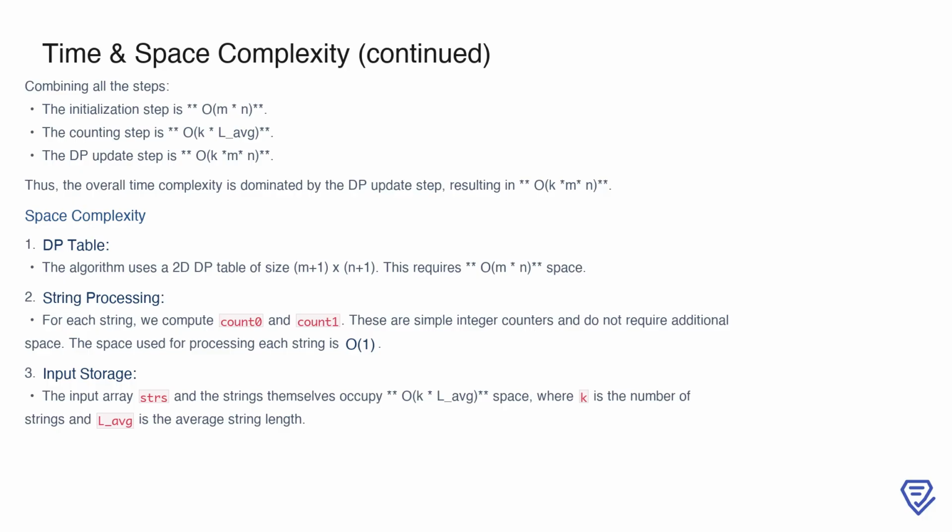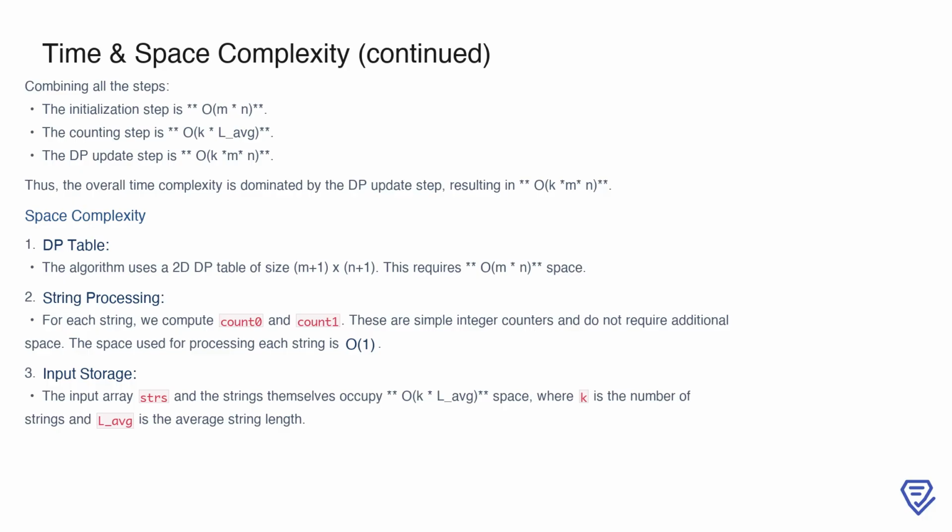The algorithm uses a 2D DP table of size m plus 1 by n plus 1, which requires m*n space. For string processing, we only compute simple integer counters like the number of zeros and ones, which use 1 space per string. Additionally, storing the input array strs takes k*L_average space, where k is the number of strings and L_average is their average length.